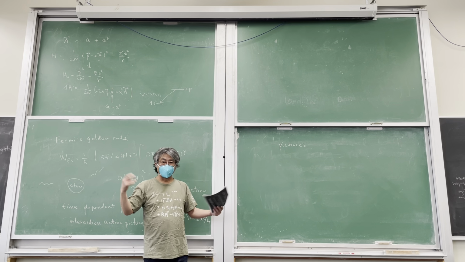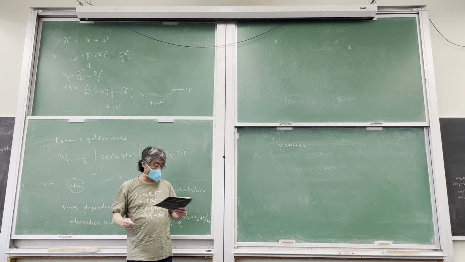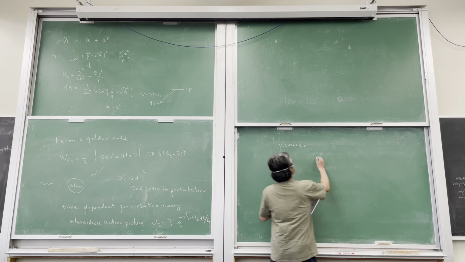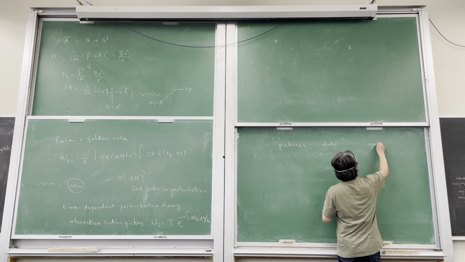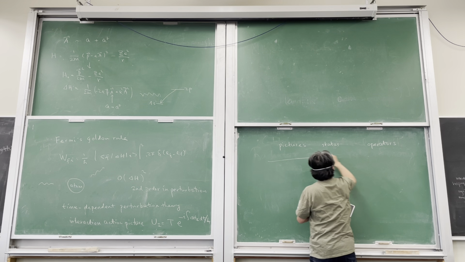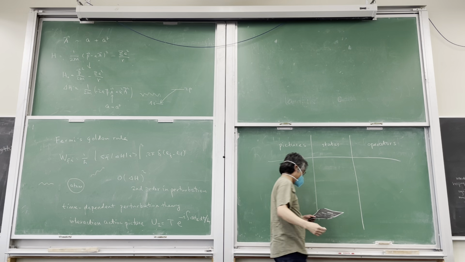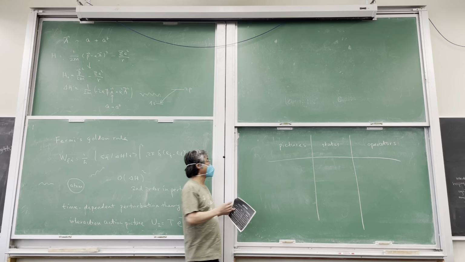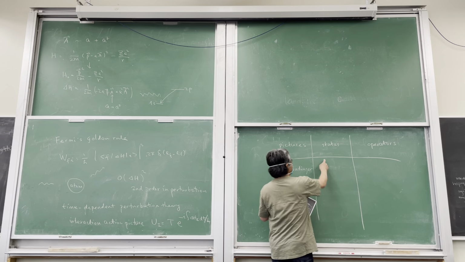When we say picture, normally we think of some pretty picture. In this case, we're talking about the definition of states and operators. Most of the things you have done in 137, I believe, are in the Schrödinger picture, where states evolve.